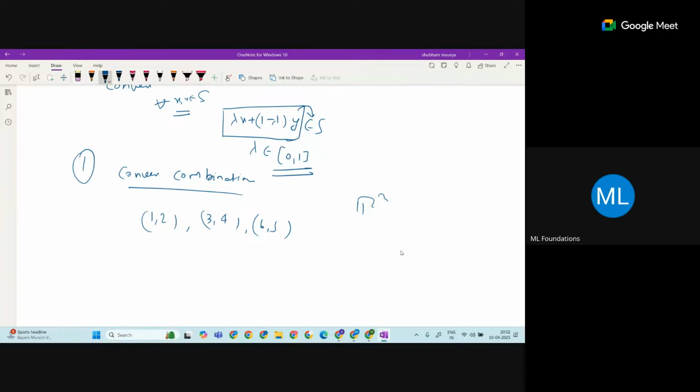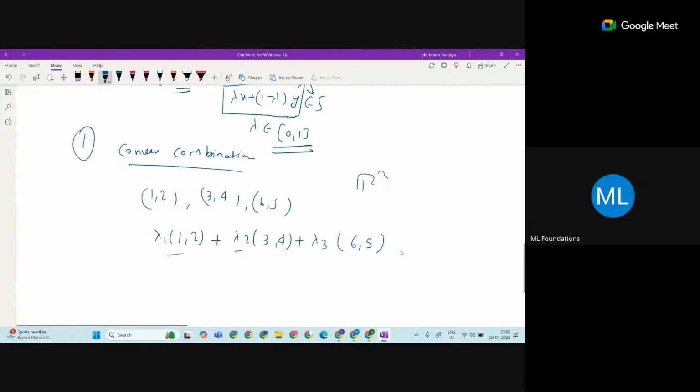Now this kind of representation, lambda 1 times (1, 2) plus lambda 2 times (3, 4) plus lambda 3 times (6, 5). This will be a point, as lambda 1, lambda 2 are real numbers.